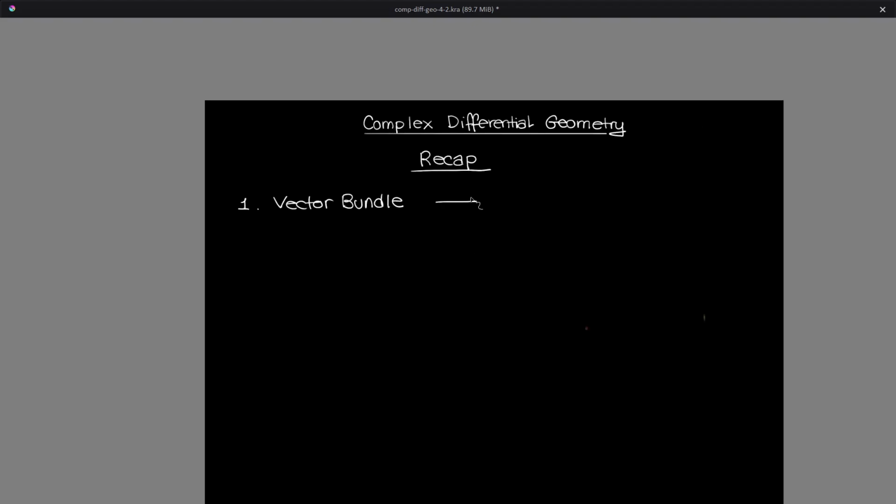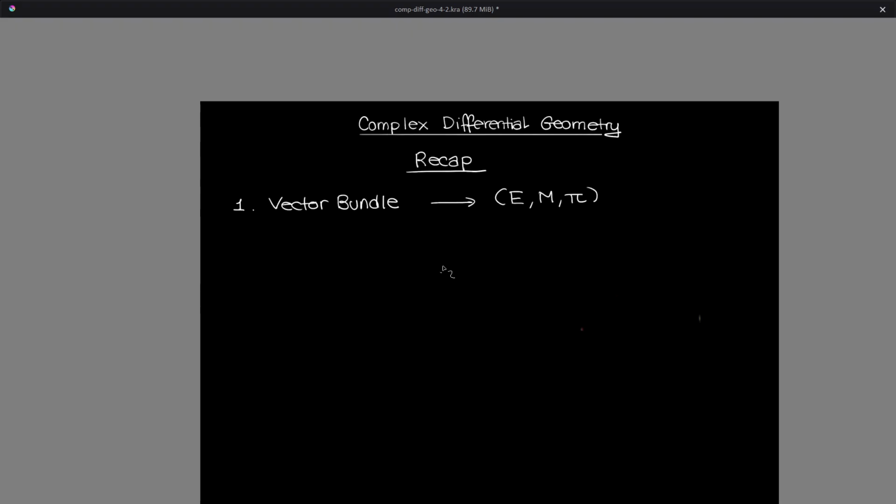First thing we did was we defined this thing called a vector bundle. Very briefly, it was a triple (E, π, M), where M was this base manifold with something protruding out of it, which was the bundle space.